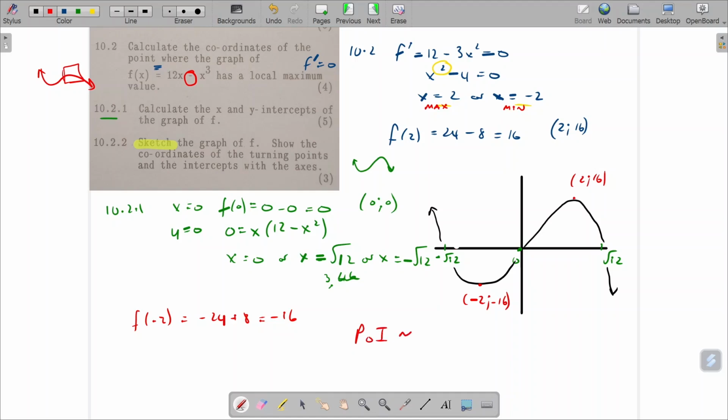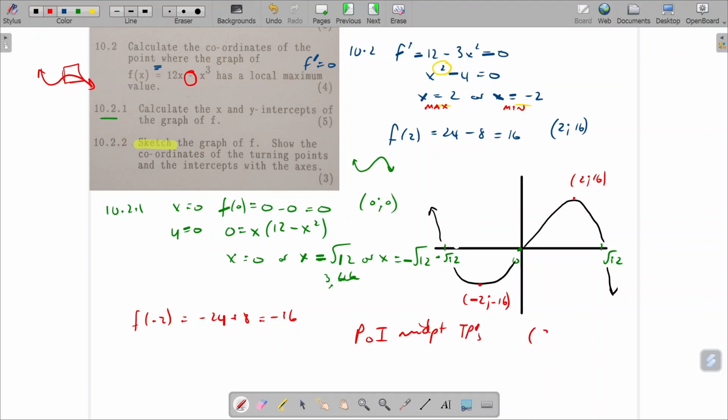What is missing from this is our point of inflection, and I'd like to look at this from a different perspective. Please note that what I'm about to say only works for cubics. It does not work for other functions. But the point of inflection is going to be the midpoint of your turning points.